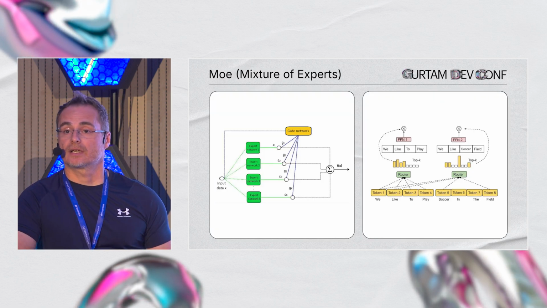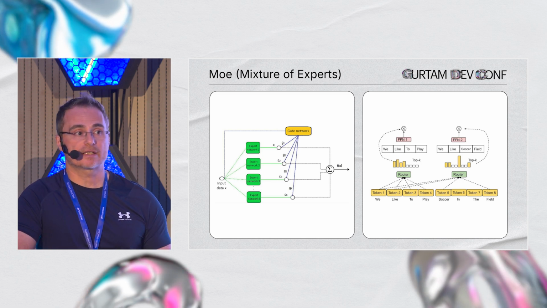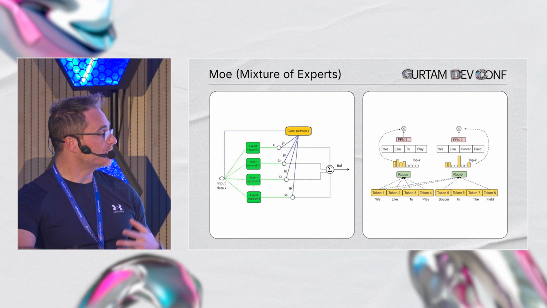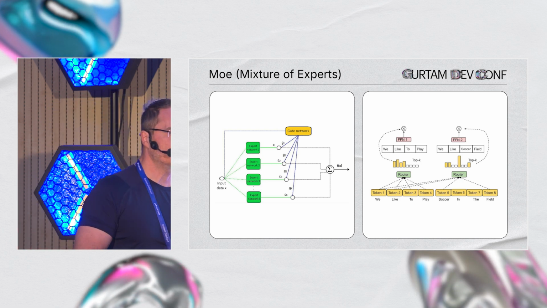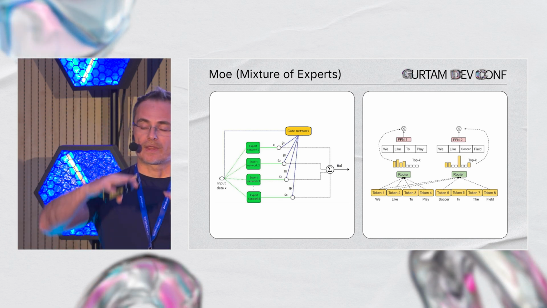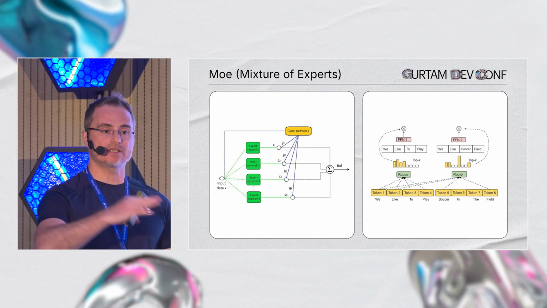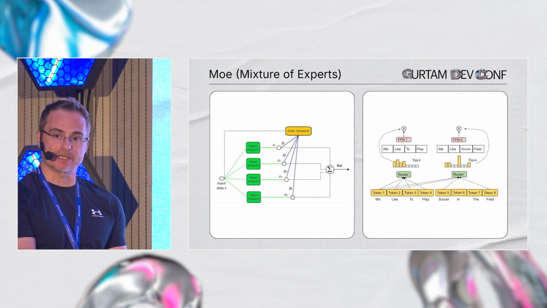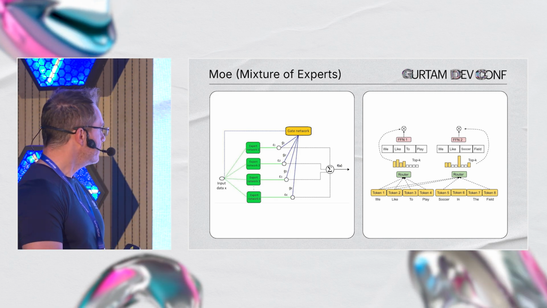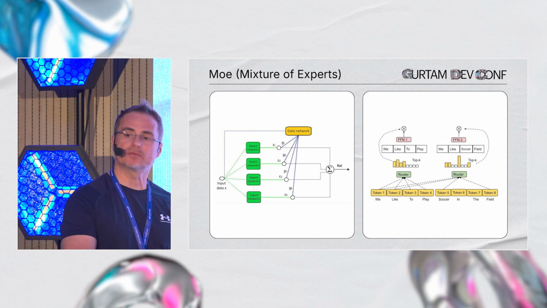Like mixture of experts. I don't know if any of you have heard about mixture of experts and how it works. Anyway, it is an architecture that works in this way. You don't have one big model, but you have several models that are named experts, of course with the same architecture, that, as the word suggests, are experts in some domain.